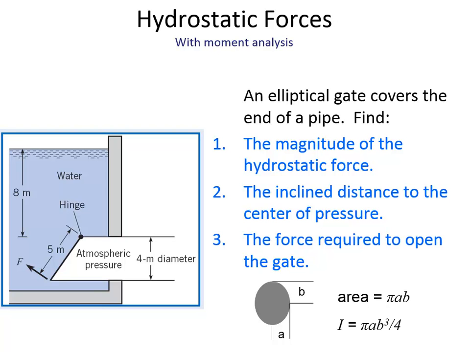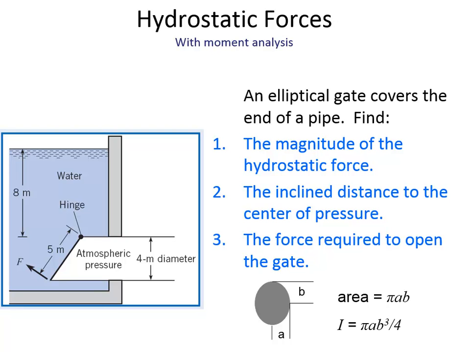Okay, so sometimes instead of writing YCP is y bar plus I divided by y bar A, sometimes it's useful, and this is an example of when it would be better for us to calculate this. YCP minus y bar is equal to I divided by y bar A. And the reason why that's more useful is that it will tell us how far down from the centroid the force is located.